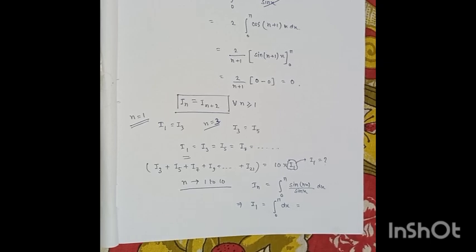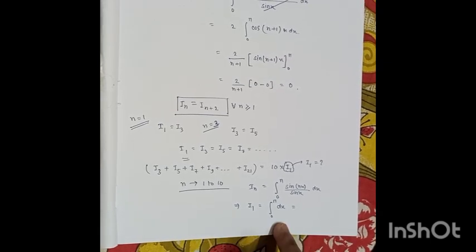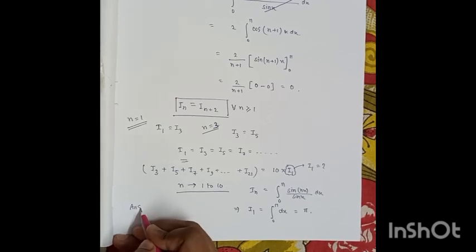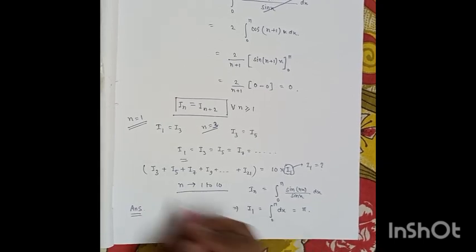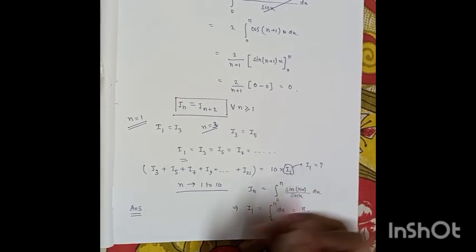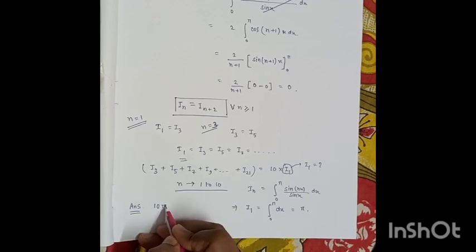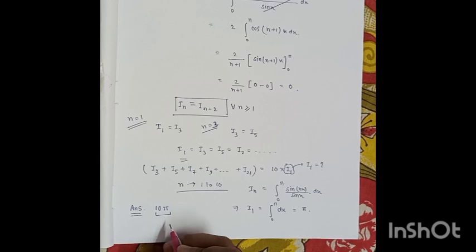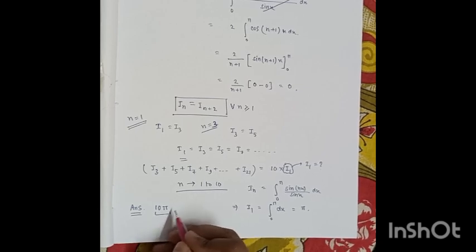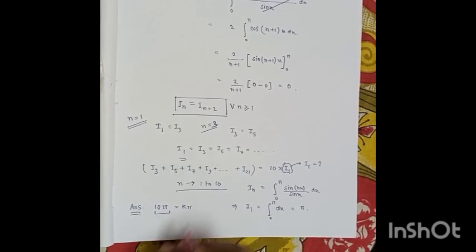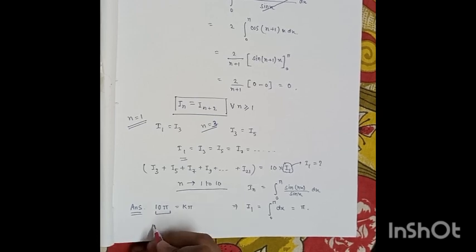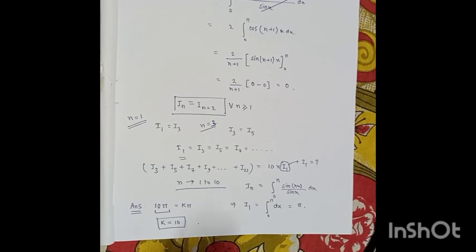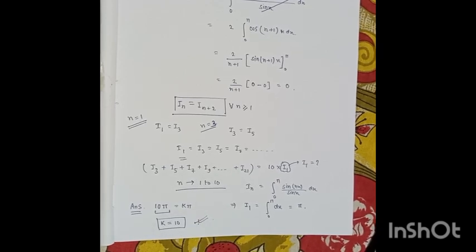So the integration simply becomes pi. So our answer to this given question will be 10 times I1, so 10 pi. But now the question says that our answer will be equal to k pi. So the value of k will be 10. That is our answer.